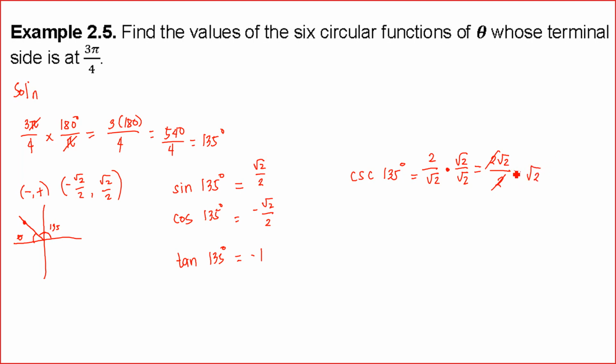For the secant 135 degrees, you have -2 over square root of 2.